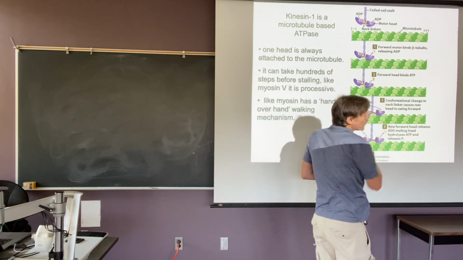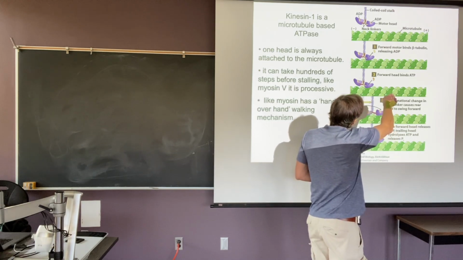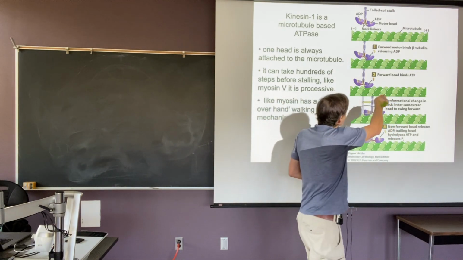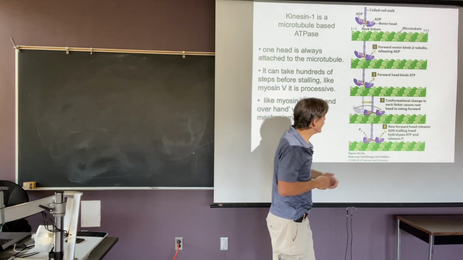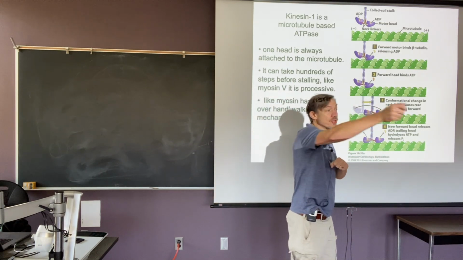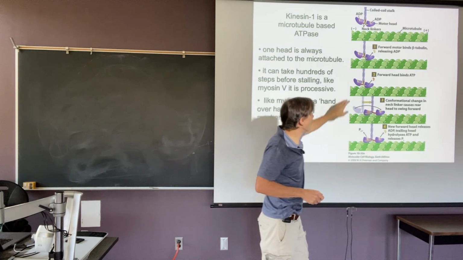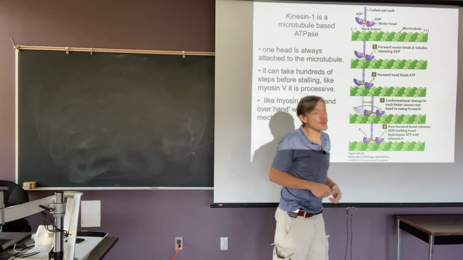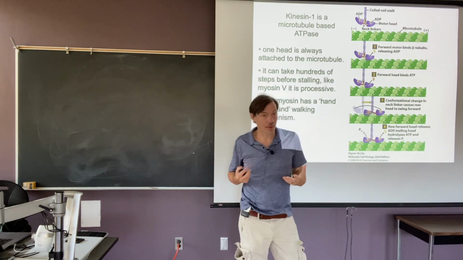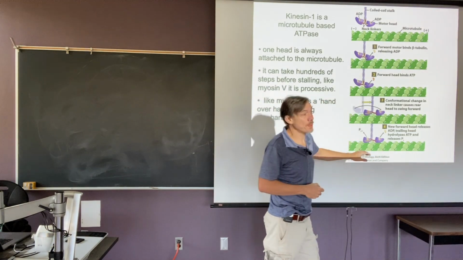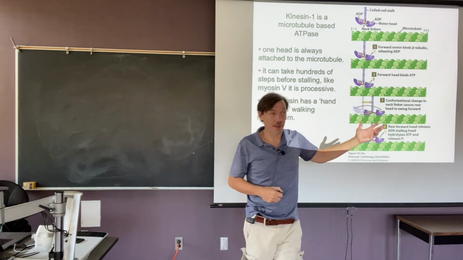It's going to bind to the microtubule, and then it will release that ADP. That'll be exchanged with ATP. During this process, it causes a conformational change that causes one of the heads to swing forward, and then ATP hydrolysis follows, inorganic phosphate is released, and then we're back to ADP, and the cycle can repeat.